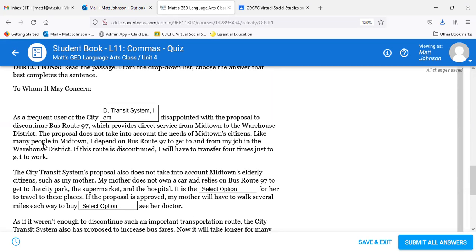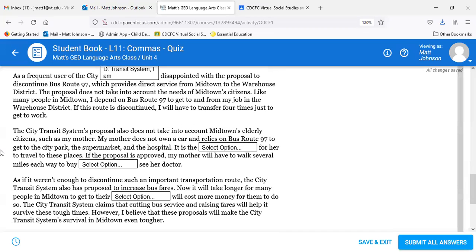Like many people in Midtown, I depend on bus route 97 to get to and from my job in the warehouse district. If this route is discontinued, I will have to transfer 4 times just to get to work. The city transit system's proposal also does not take into account Midtown's elderly citizens, such as my mother."